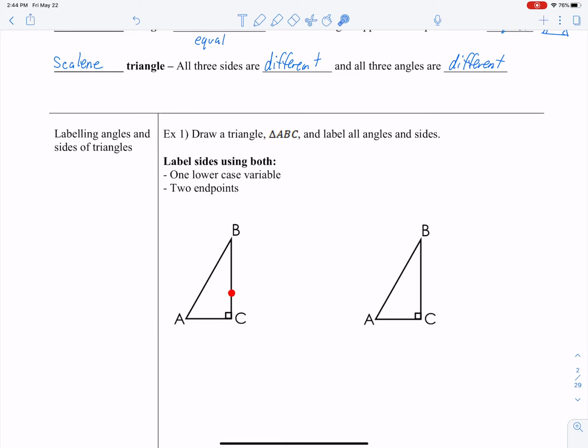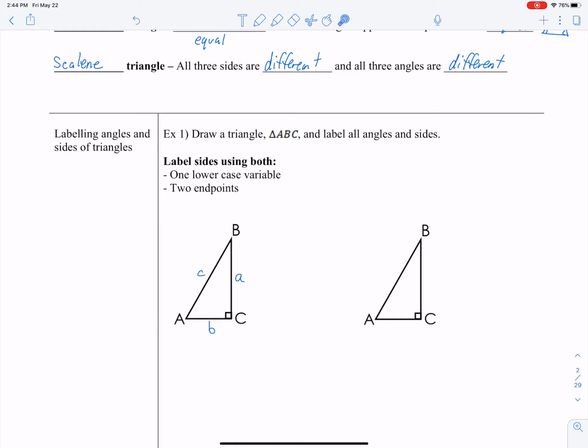We're going to trace across and find this side. And we're going to call this side lowercase a. Next, we're going to look at this angle, and we're going to go across, and we're going to call this side here lowercase b. Finally here, we're going to take this last angle, and we're going to go across, and we're going to call this side lowercase c. Okay? So the angle here is the capital, and across is the lowercase letter.